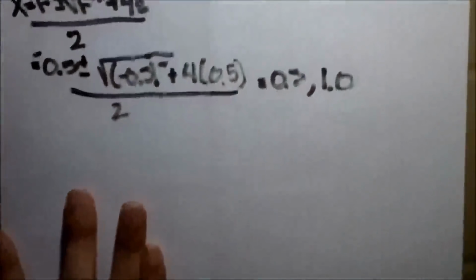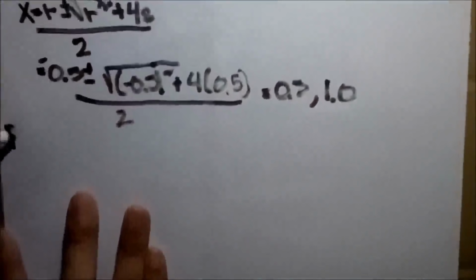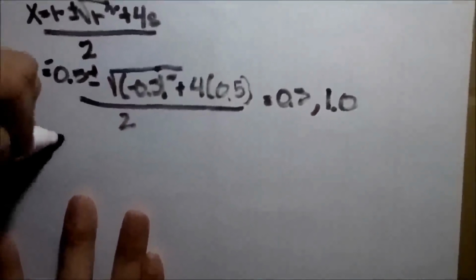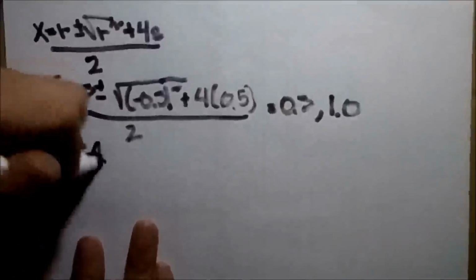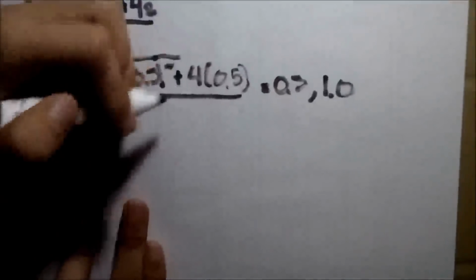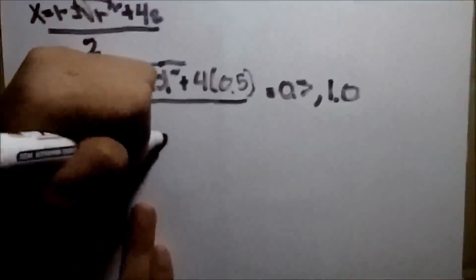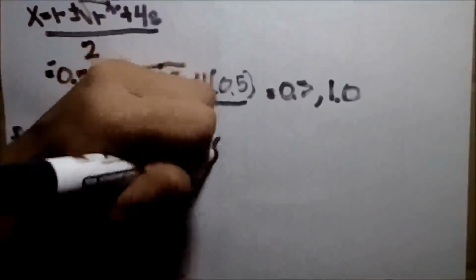Then we substitute it to the equation f of x equals x cubed minus 4x squared plus 5.25x minus 0.10.